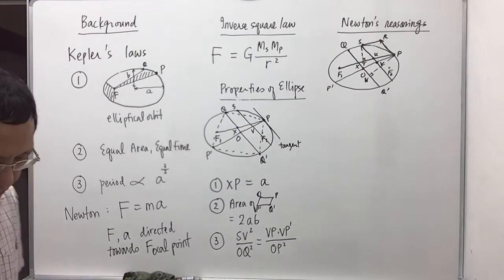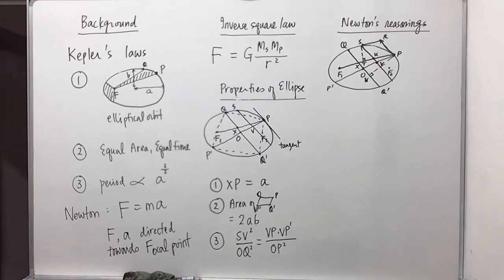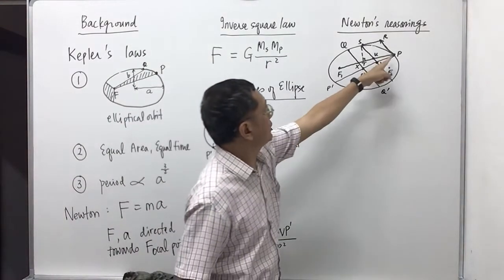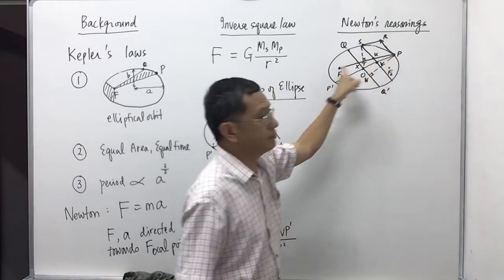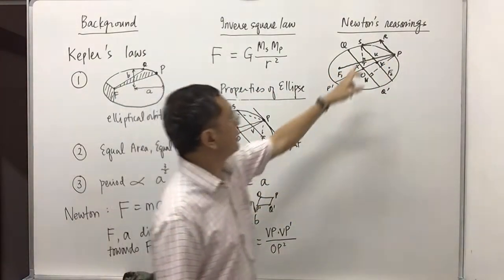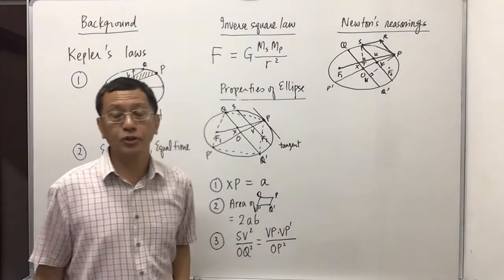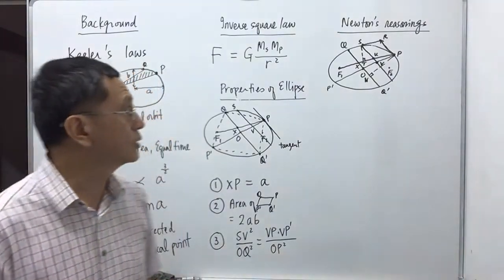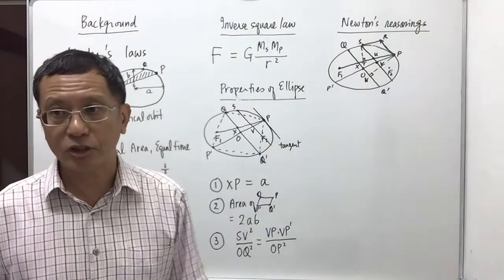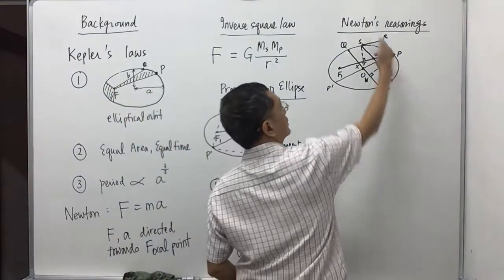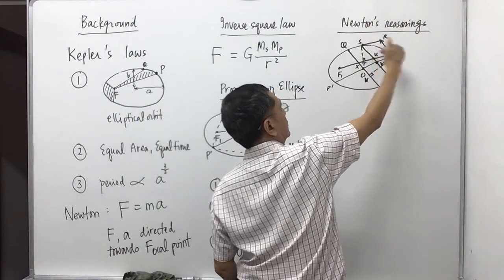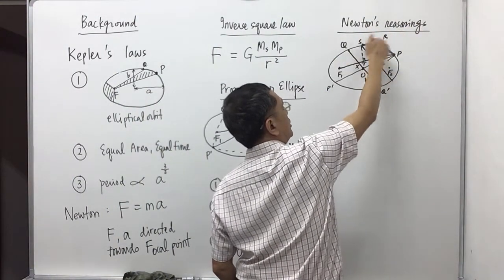Now, first of all, I guess in Newton's mind, he must be looking for this. He knows that the force or the acceleration is directed along F1P. He knows that RS is proportional to the velocity change. Because remember, initial velocity is in this direction, and because of acceleration in that direction, this is a change in velocity.